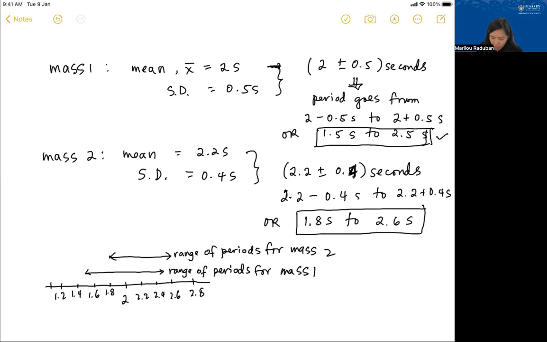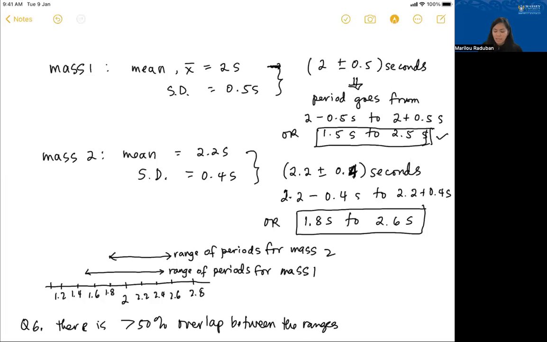Here you can see that there's more than 50% overlap between the ranges. So you can estimate, and you can answer question number 6 several ways. You can say that there is greater than 50% overlap between the ranges.